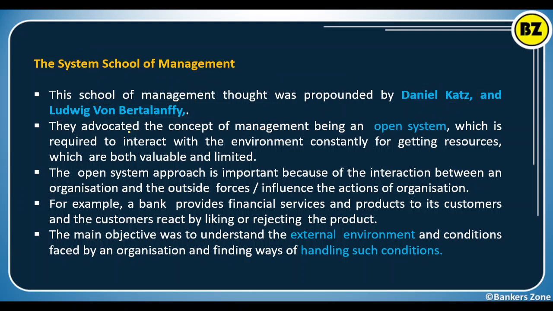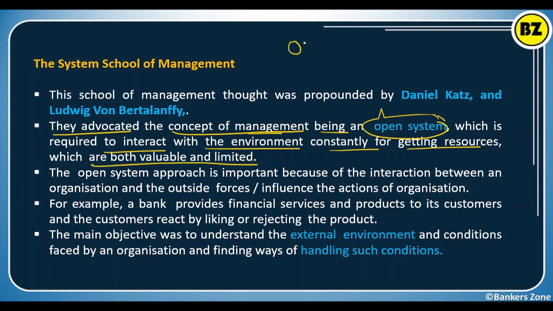Now see, they advocated the concept of management being an open system. So very simple: what is management? It is an open system which is required to interact with the environment constantly for getting resources which are both valuable and limited.